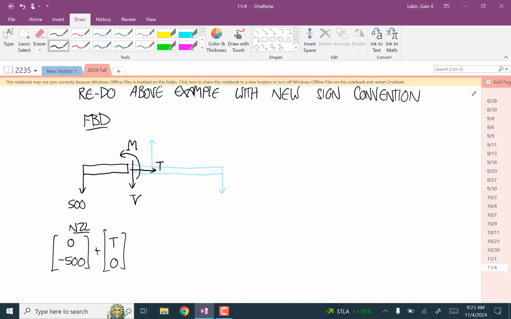So for the 500, we have a unit vector of 0, negative 1. That's what the arrow says. Multiply it by 500 and you get 0, negative 500. So it'd be 0, negative V? Yes, that's the thing that can mess you up. But if you think of that unit vector thing, you'll always get it right, unless you're careless.